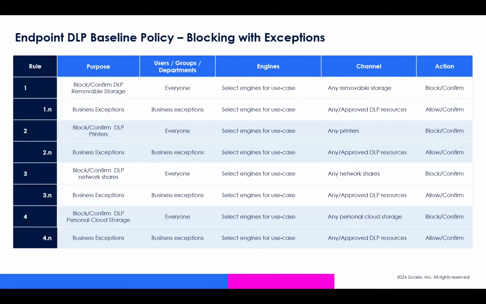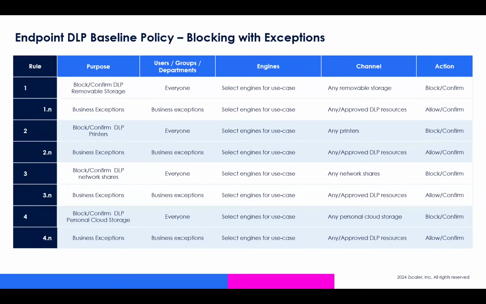To contrast this, here's an example policy set to block with exemptions to allow files. Here we built rule number 1 to block the transfer of files containing sensitive data to removable storage. It applies to all users, with select engines based on whatever use cases you've got, as discussed in previous videos. The channel here is any removable storage and the action is block.